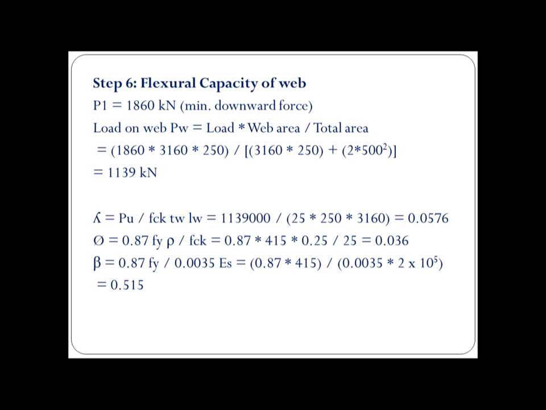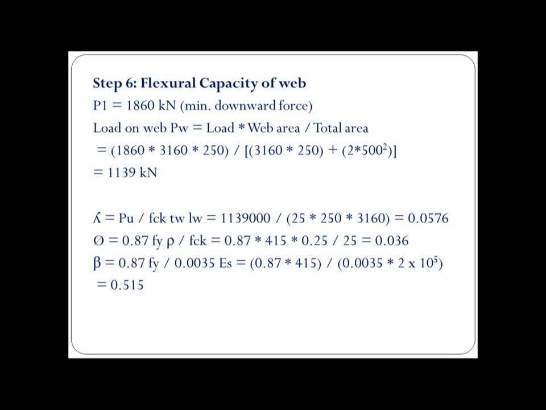So load on web, we calculate it by the proportion: web area upon the total area of the wall into the load. So we end up in 1139 kilonewtons. The total load is 1860 kilonewtons, and the web length is 3160 mm, and thickness is 250.